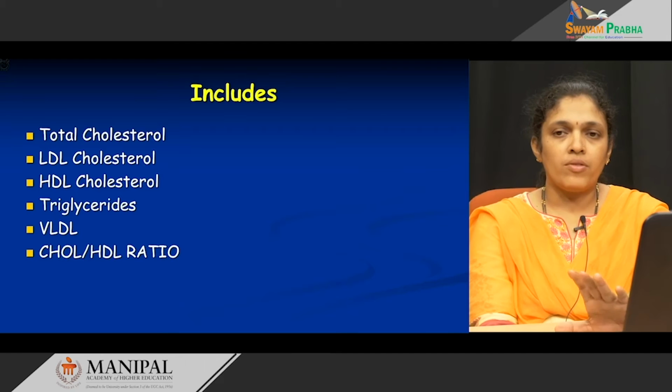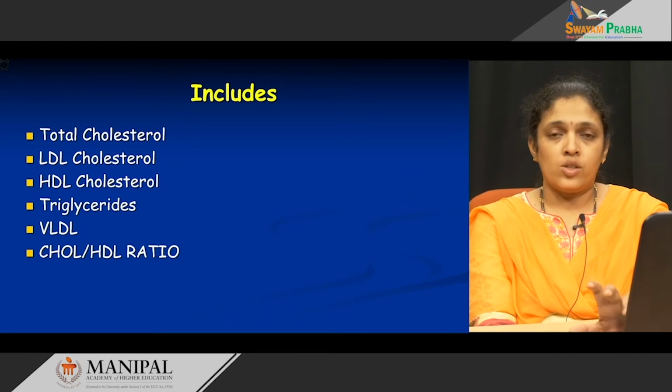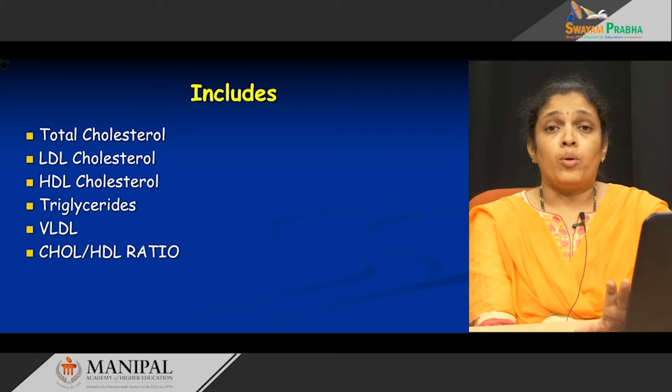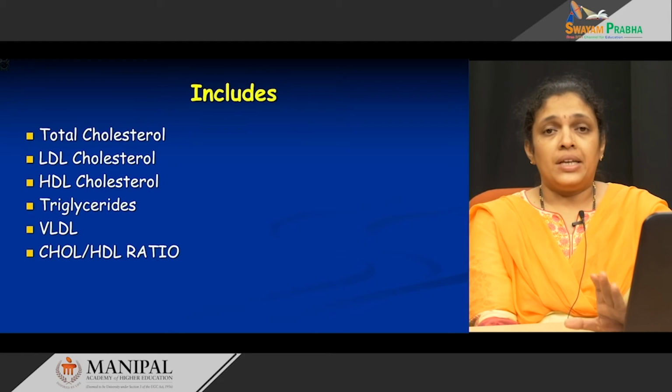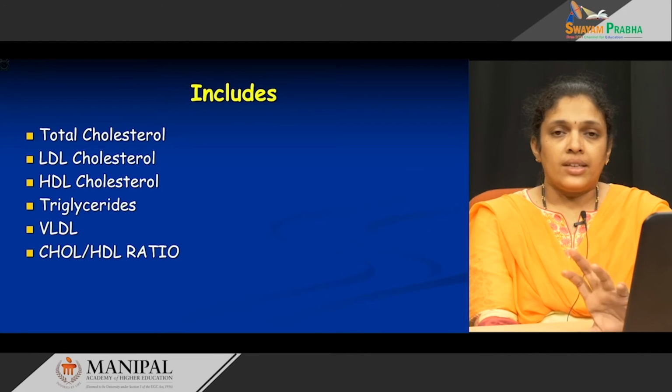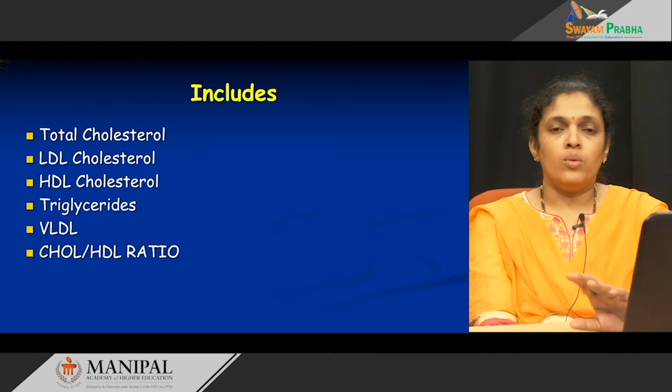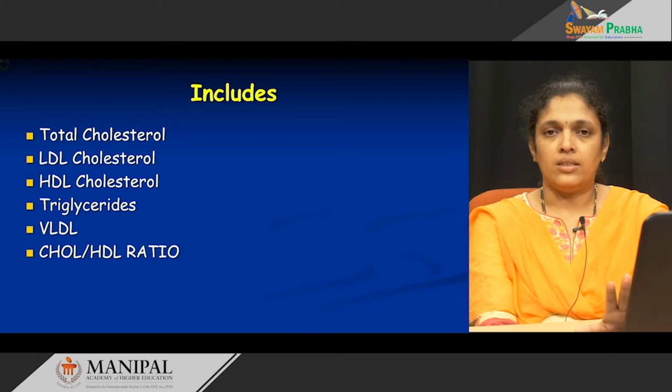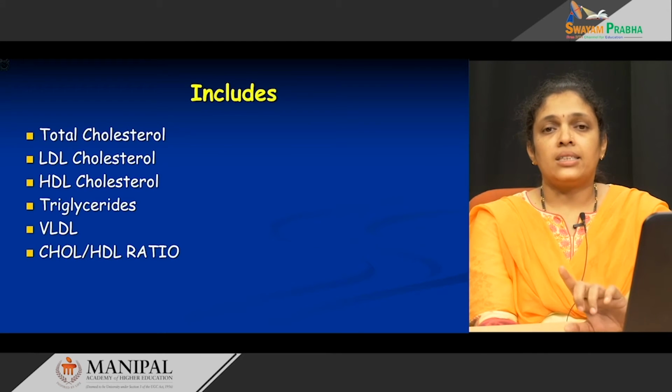Now, when we move away from this and add a few more tests, for example, apolipoproteins, lipoprotein A, and high sensitive C reactive protein, these are the other tests apart from the normal lipid profile which belong to the category of extended lipid profile. So, there are two terminologies now: one is the lipid profile, the other is the extended lipid profile.